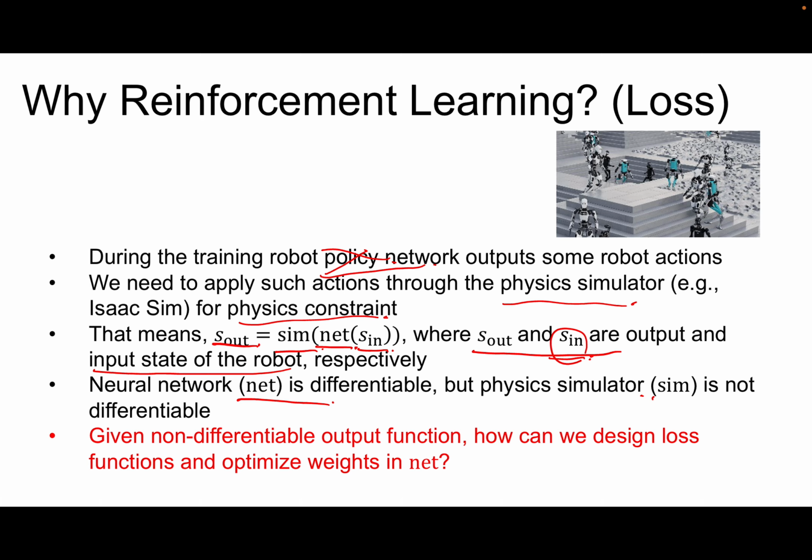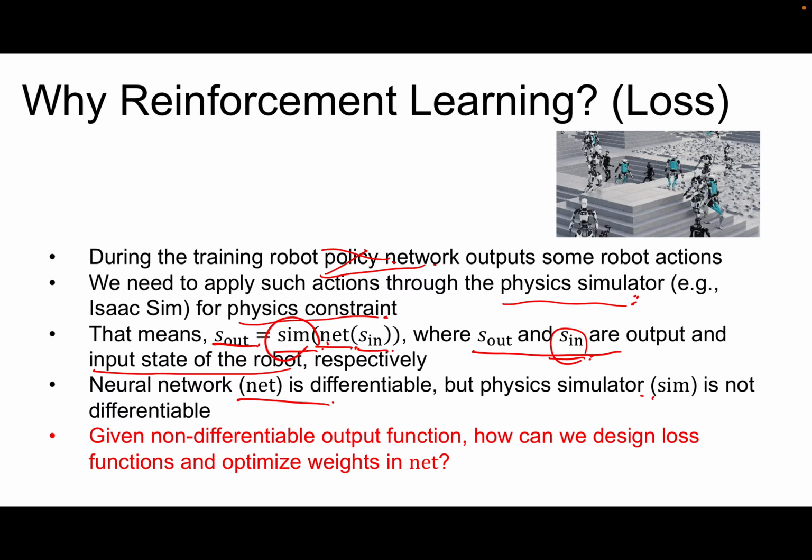They are necessary for the physics constraint. So how can we do that? Given non-differentiable output function, how can we design loss function to optimize weights in network? The goal is optimizing weights in network, right? So we need some differentiable loss function to optimize weights in neural network. But the physics simulator, SIM, is not differentiable.